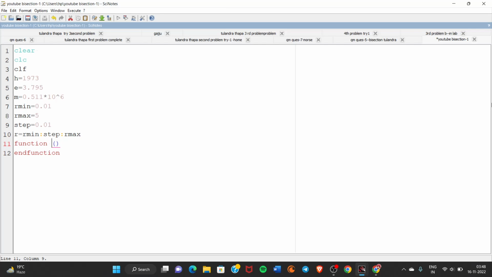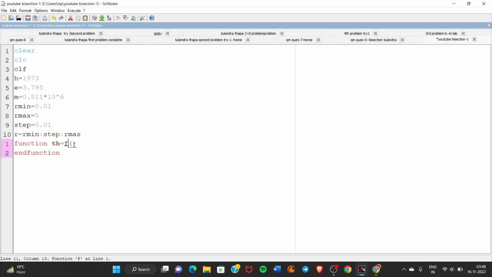So first, we make a function named f. Firstly, you need to understand the syntax of a function. First you write th, then th is equal to, and the name of the function would be the term that you write here.